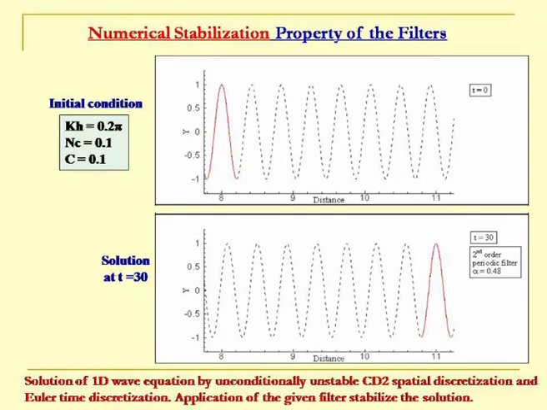So if I identify one period of the wave by this solid red line here, after a sufficient number of steps, when you reach t equal to 30, it is identified here at the exit plane, and you see there is absolutely no attenuation here. So this should give you heart in thinking that filter is a technique by which you can take an unstable method and make it work. So this is one example that you are seeing here.